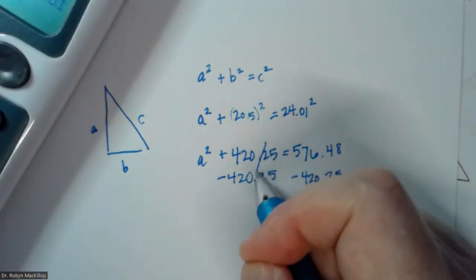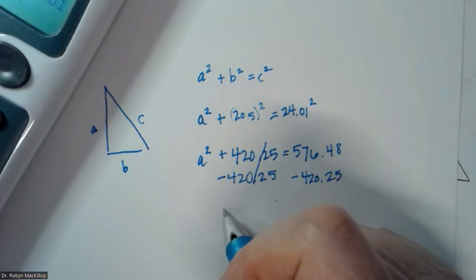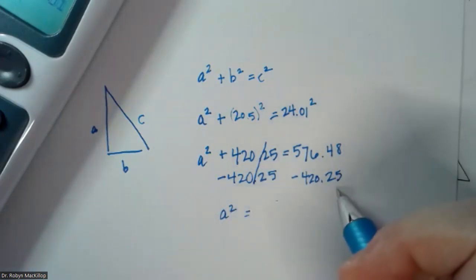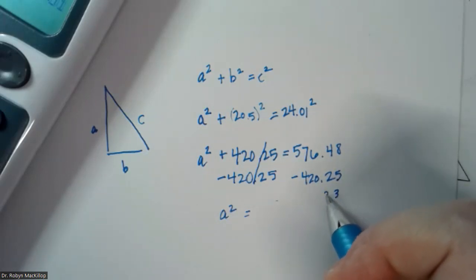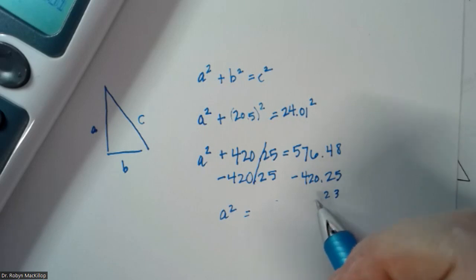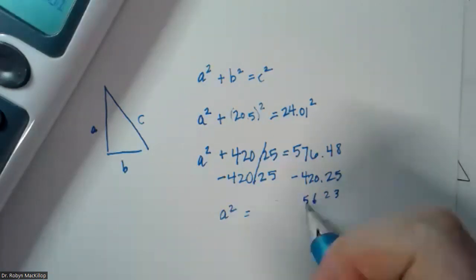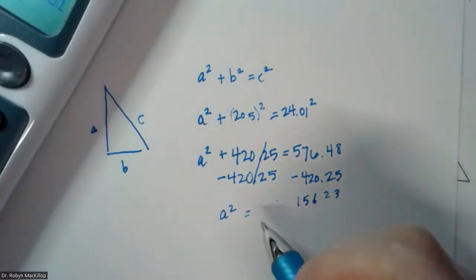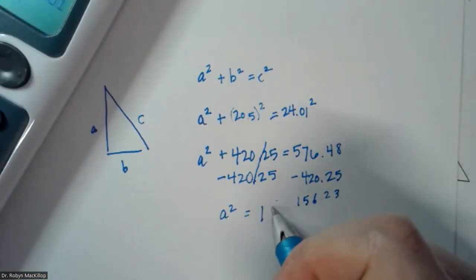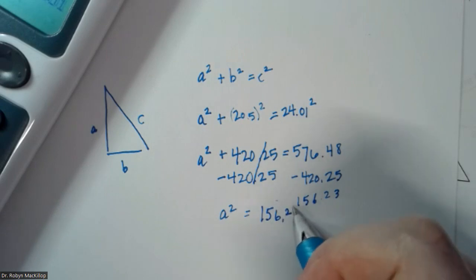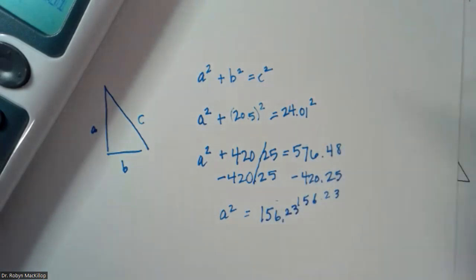So this cancels. That leaves us with A squared on this side. And over here, we've got 8 minus 5 is 3, 4 minus 2, 6 minus 0, 7 minus 2, 5 minus 4. That leaves us with 156.23. That makes sense so far?